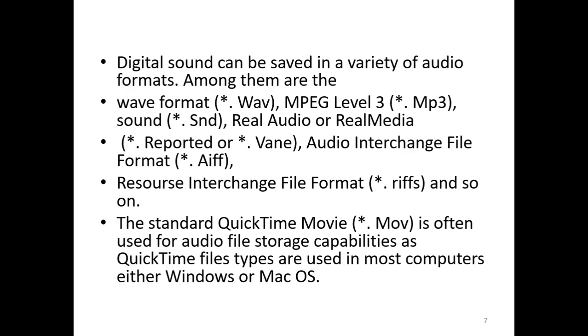So all this is how digital sounds can be saved. And then we have the standard QuickTime movie, often used for audio file storage. We store it as QuickTime files, used in most computers, in either Windows or Mac OS.